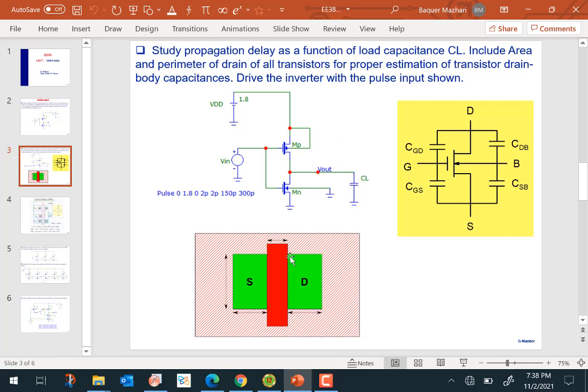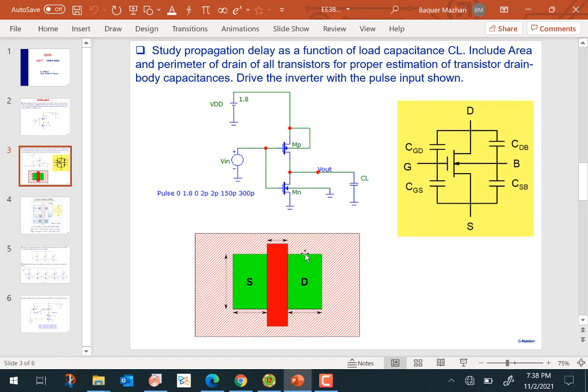To calculate the capacitance, we need to know the area of the drain. And not only the area, but there are electric field lines at the sides also, so we need to calculate the sidewall capacitance because of the fringe capacitances from the sides.